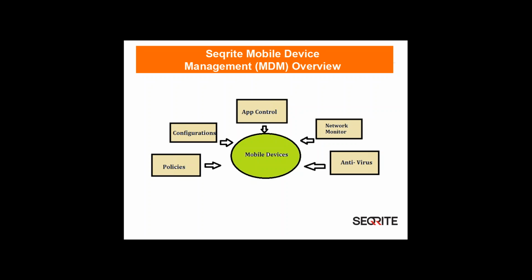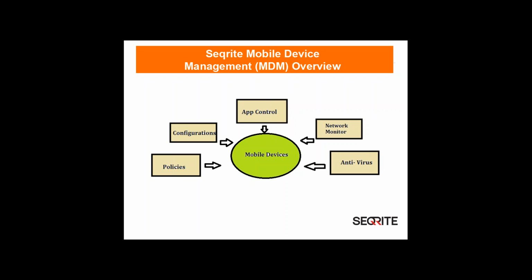This will include in detail network usage of all the applications on that devices as well. The most important of them all would be the app control, by which we can monitor and control the applications on the device. So, how can we do it? We'll explain you in detail in the upcoming slides.